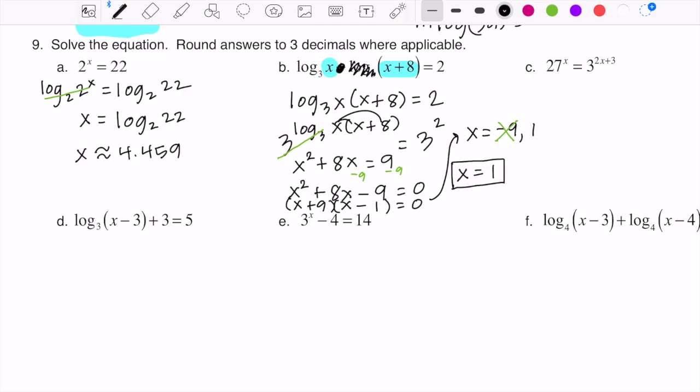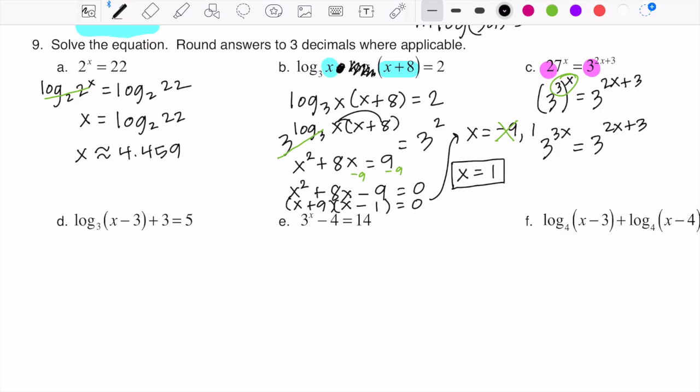Okay, for this one, I do have an exponential, but I'm noticing that both bases here, 27 and 3, can be written in the same way. So this 27 can be written as 3 to the third, and then this already has a base of 3. I'm going to multiply those together, so I get 3 to the 3x equals 3 to the 2x plus 3.